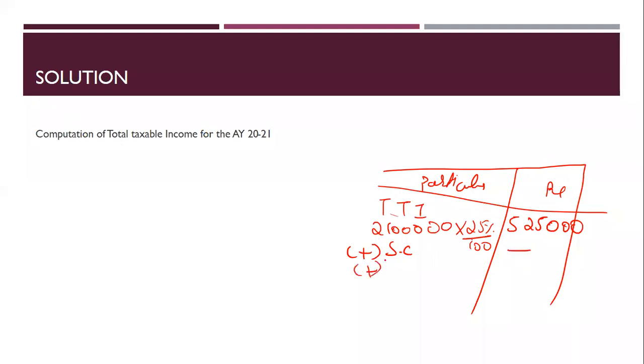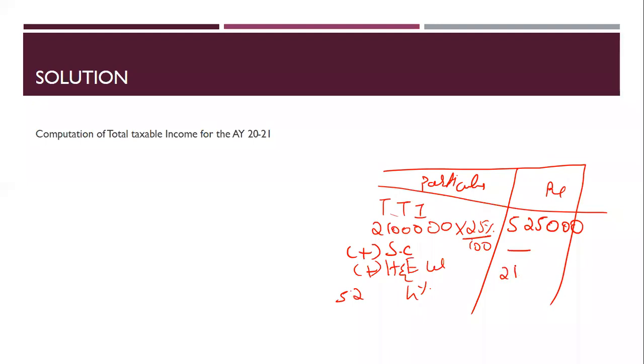The next thing we have to do is health and education cess. How much? 4% on what value? On 5 lakh 25,000. So 5 lakh 25,000 into 4%, how much? So Ruchita has raised a hand. You can unmute Ruchita.